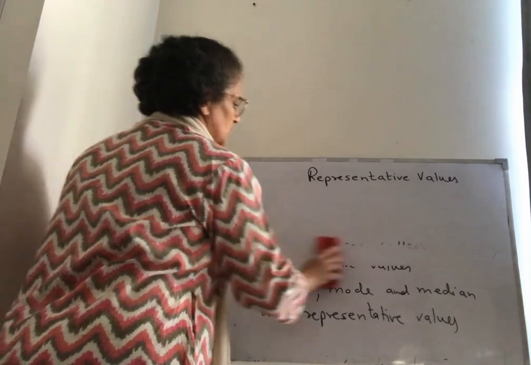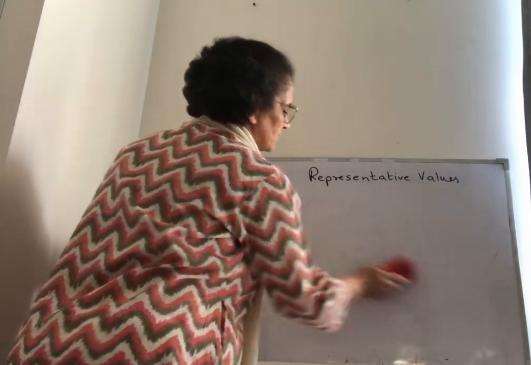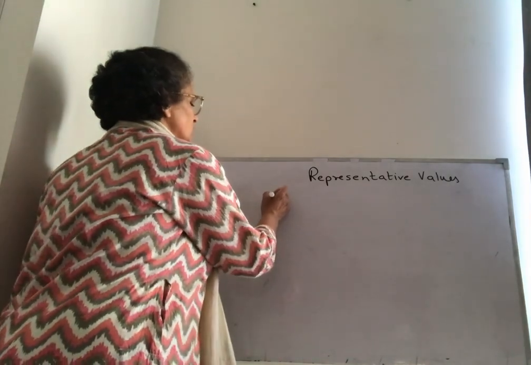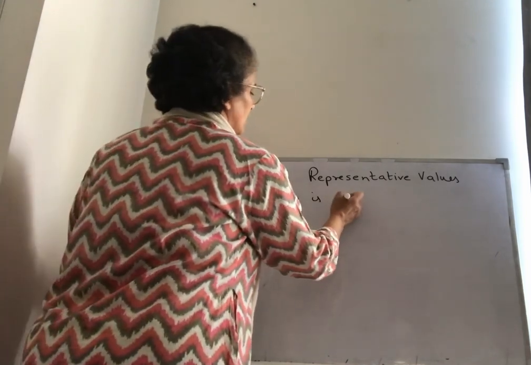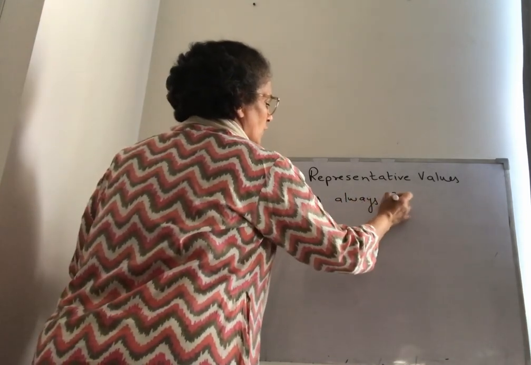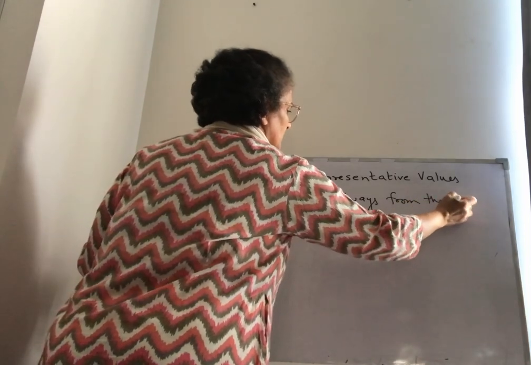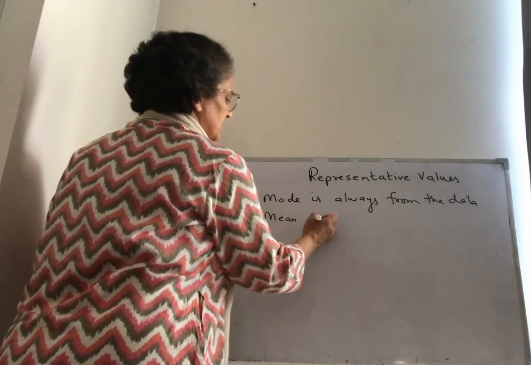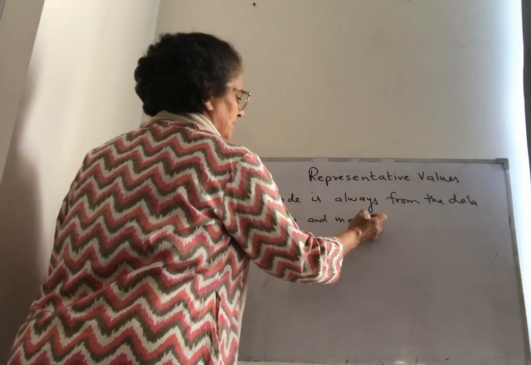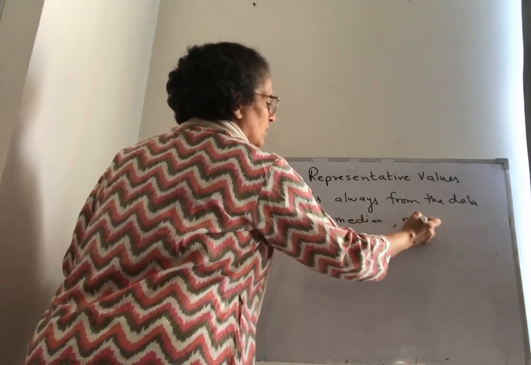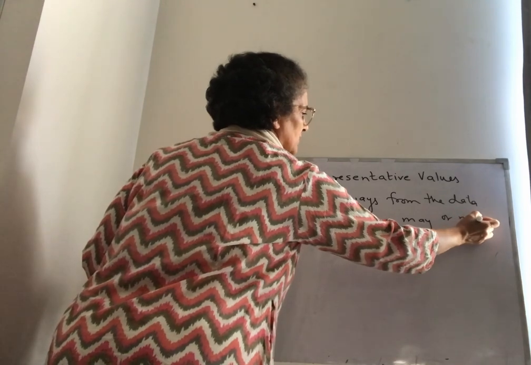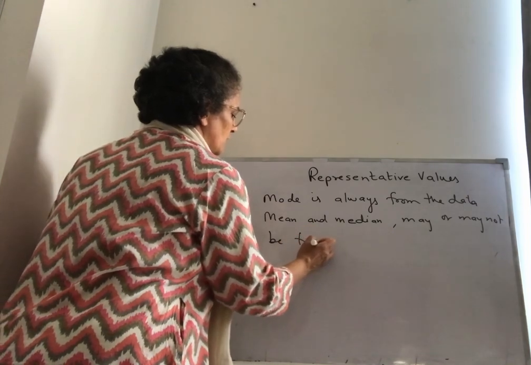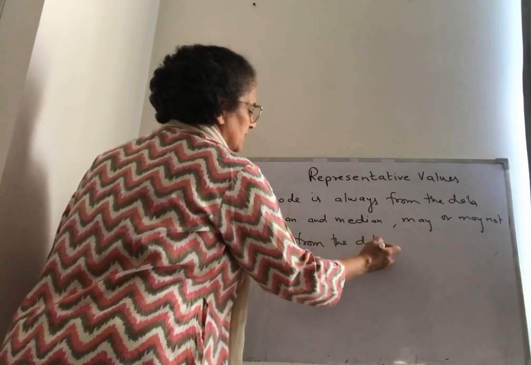And you can see when you find the mean, median, mode of given data, mode is always from the data, and mean and median may or may not be from the data.